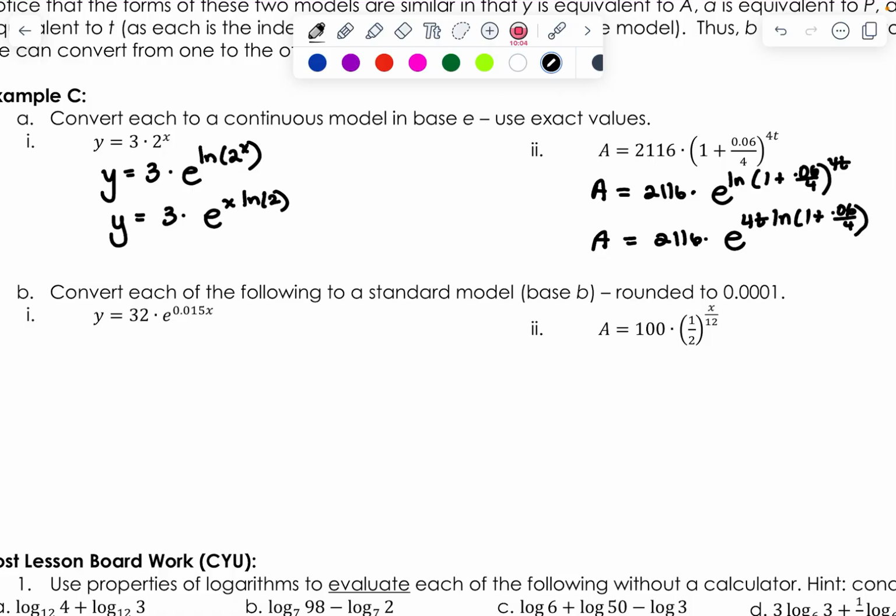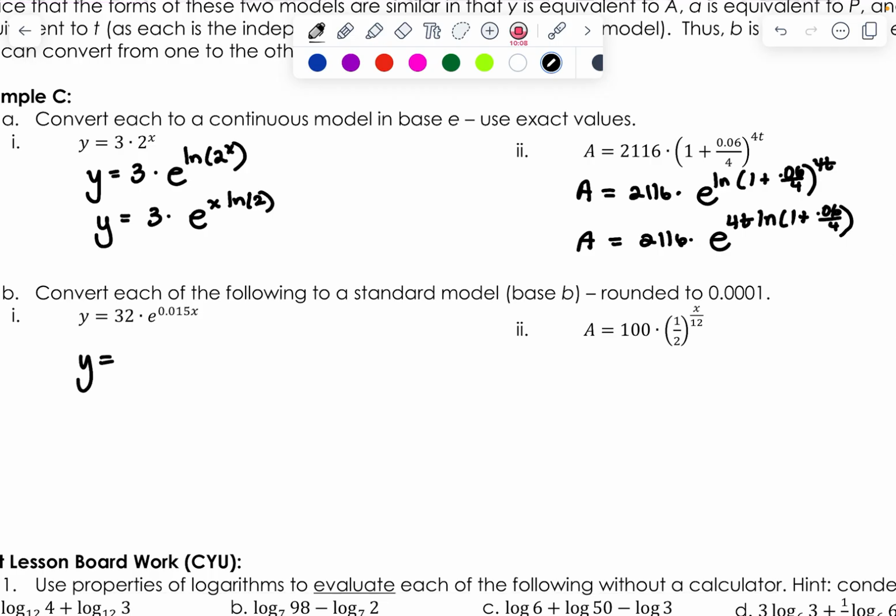Okay, I don't know that I went as far out in the decimal, but watch what I can do. I can actually rewrite this. If I think about my exponent property, if I have e to the 0.015 to the x, do you realize I would in fact be multiplying?